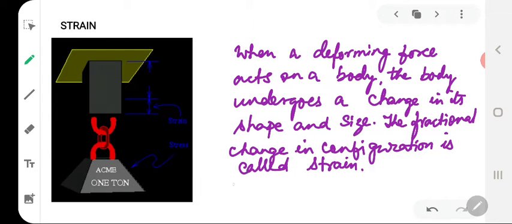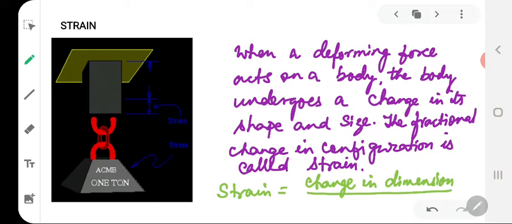Mathematical equation for strain is strain equal to change in dimension divided by original dimension.